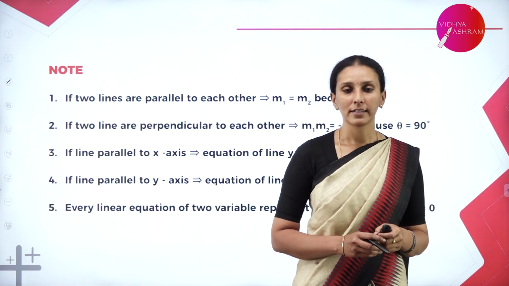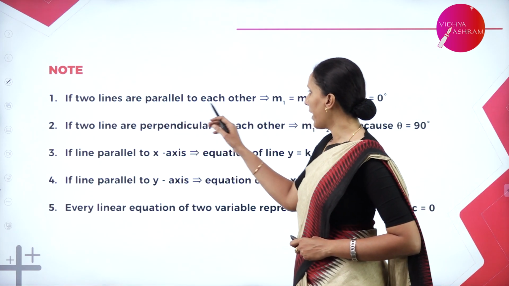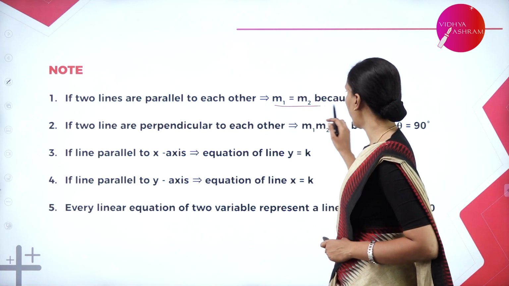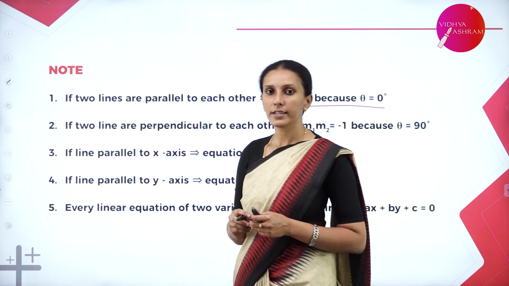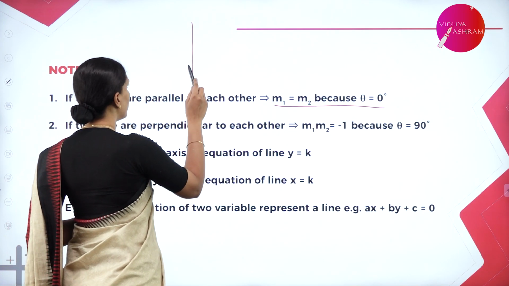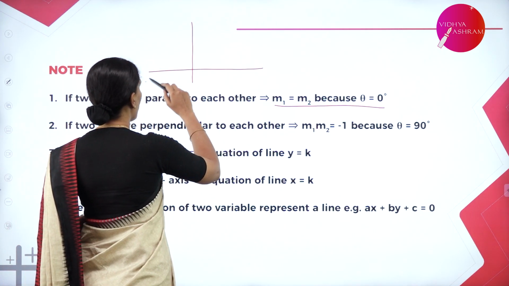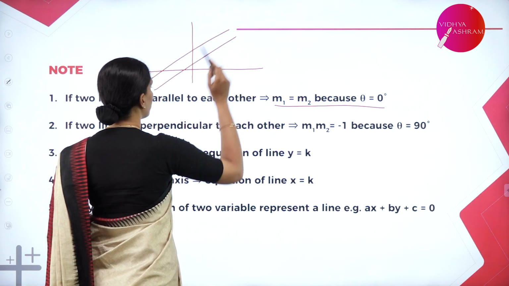So after all these observations, we see here if two lines are parallel to each other, m1 is equal to m2 because theta is equal to 0 degrees. Now consider two lines here which are parallel to each other.